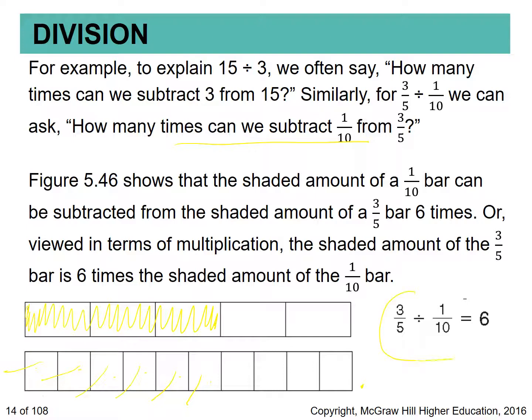So when we look at our problem, the 3/5 divided by 1/10, how many times did we take that tenth out? 6. Now obviously here we're not just multiplying the numerators and multiplying the denominators, because that's not giving us the right answer.